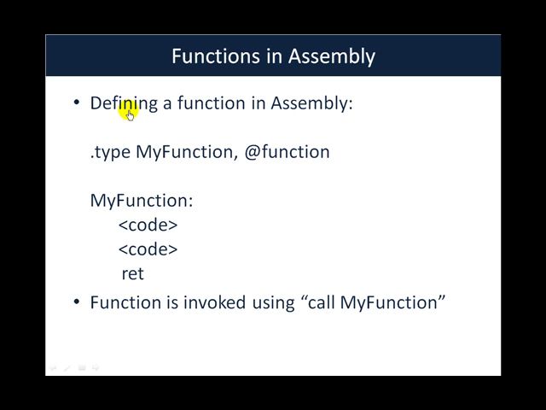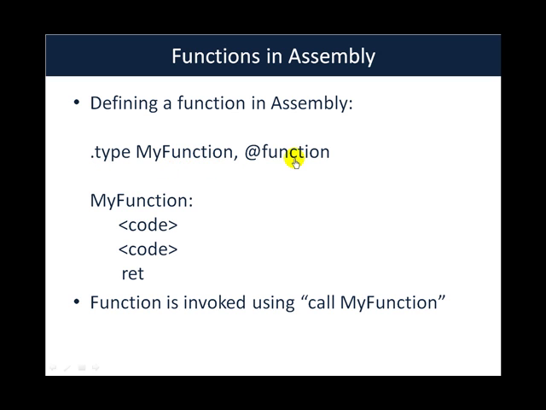The way to define a function in assembly language with the gas compiler is using the .type directive and then saying that it is of type @function. In the middle you have your function name, which is myFunction as an example.